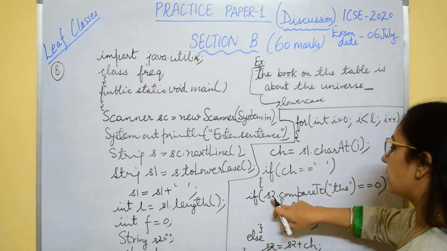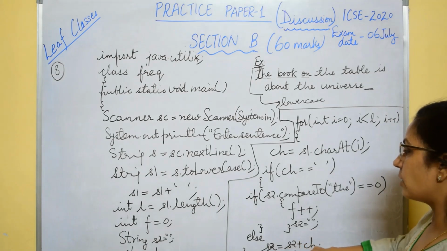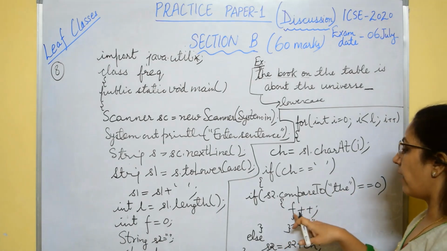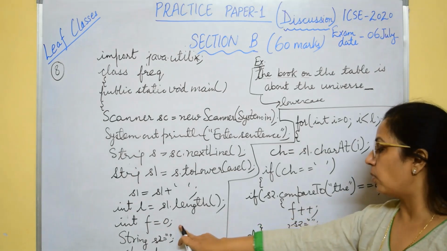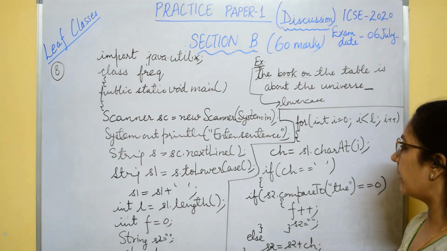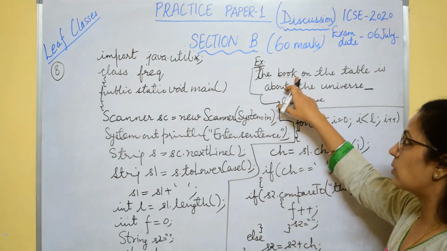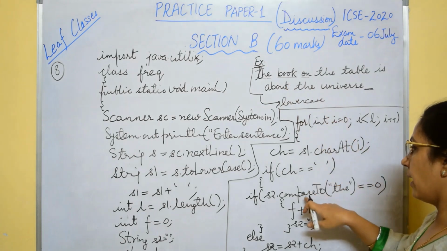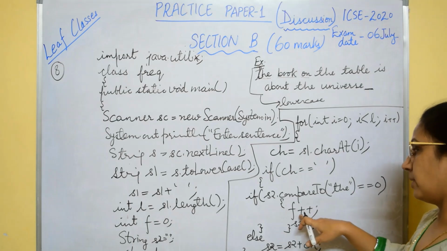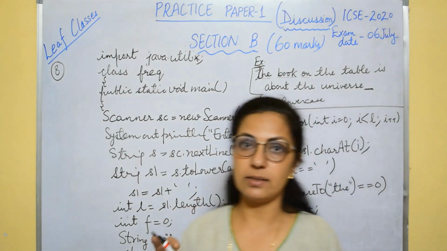Now after that you will compare s2. What is stored in s2 is "the". compareTo("the") equals 0. Yes, so f will become 1. Initially it was 0, and s2 will be initialized with blank again. After that we'll extract the next word, book. In that case this condition will be false and the frequency will not be increased.